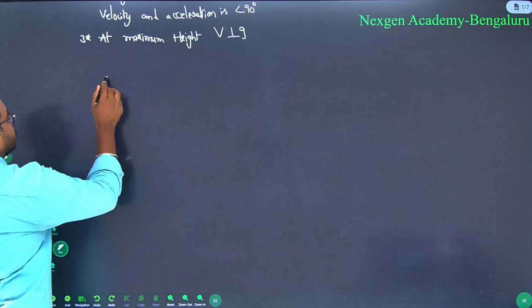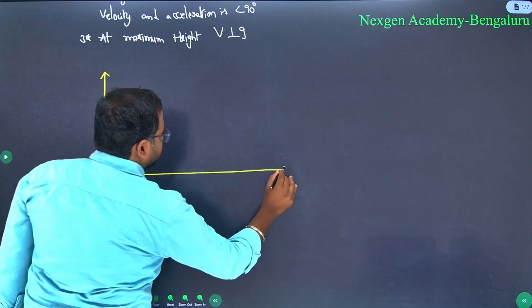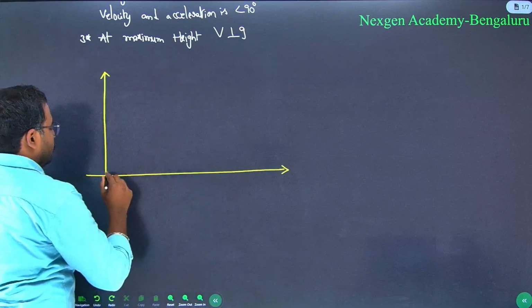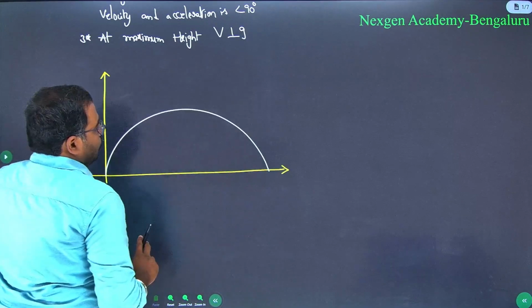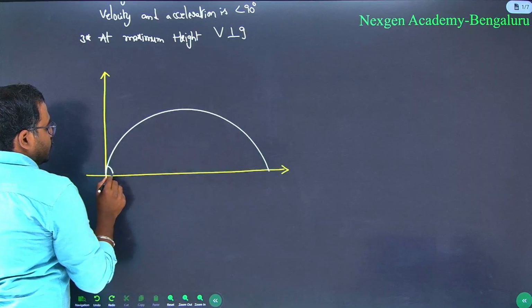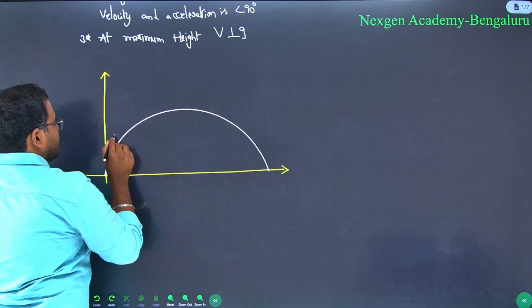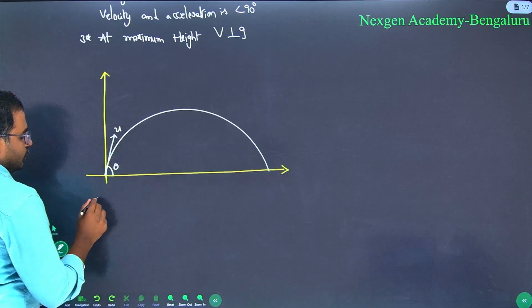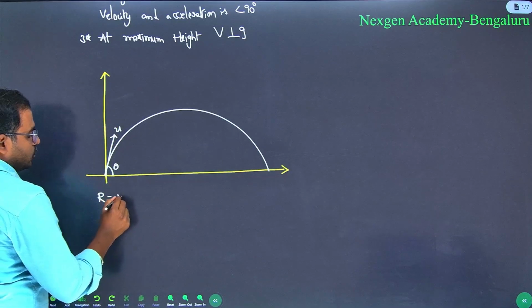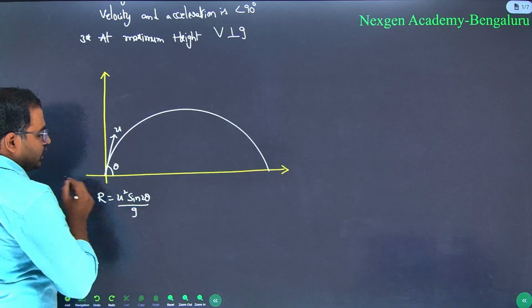Now look at this. If you take this projectile, the angle of projection is theta, the velocity of projection is u, and we have R equal to u square sine 2 theta by g.